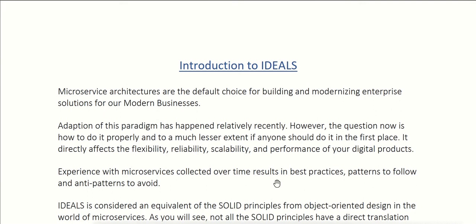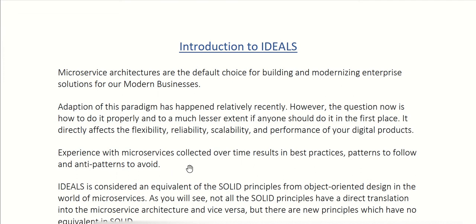Okay, and for most of the modern business applications or products, I have seen that many people are migrating to microservices architecture because it is the best fit, especially when it comes to performance and ease of deployment. Okay, so that is the reason people are migrating to microservices architecture.